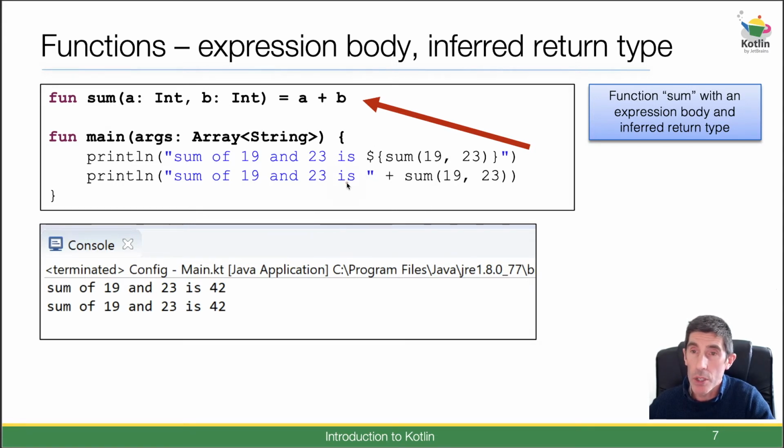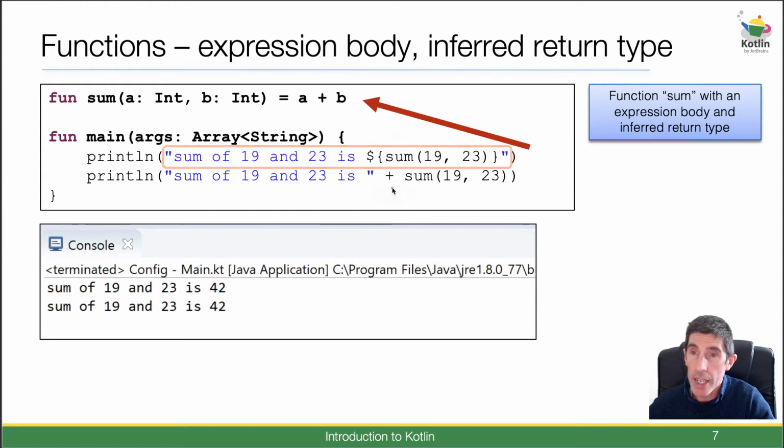is as follows. Inside our println, we can either use it the regular way with a plus, and then we can say, like in the Java days, plus sum and then pass in our values, or we can use our dollar sign again, but just note that if you're going to use the dollar sign, it needs to have your curly braces. So just to show you that again, see there, we're saying dollar sign, curly brace, the function, close the curly brace, all inside just one big string.